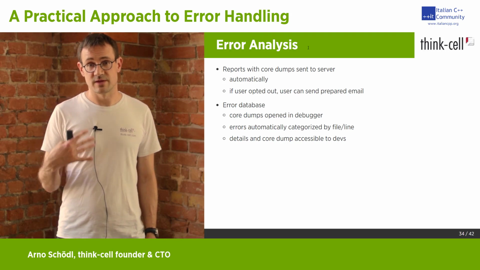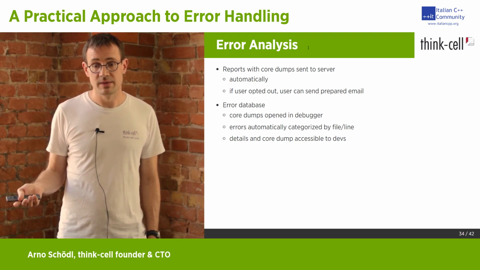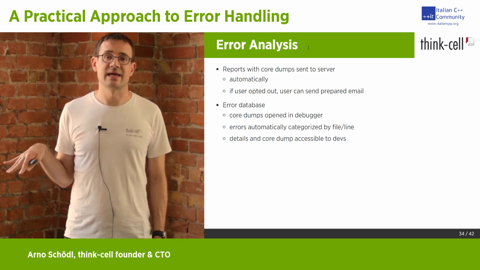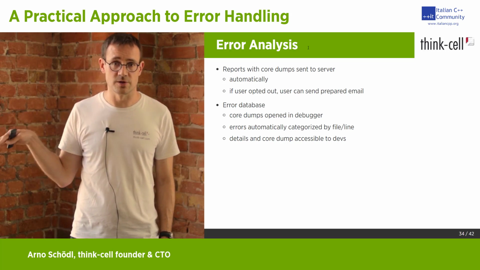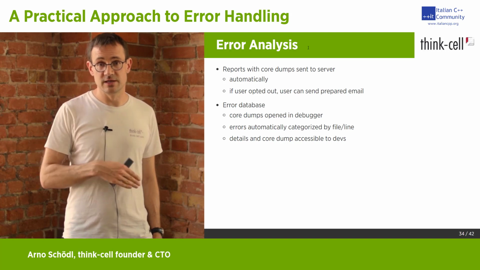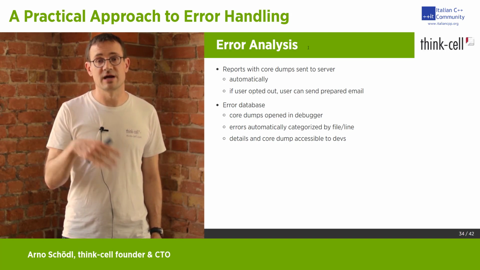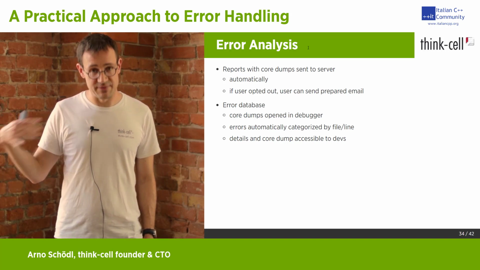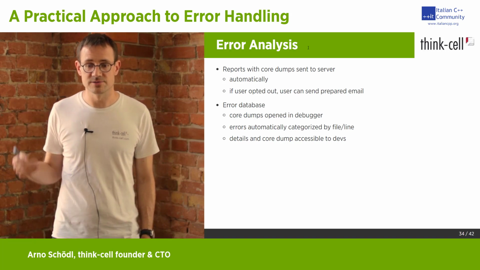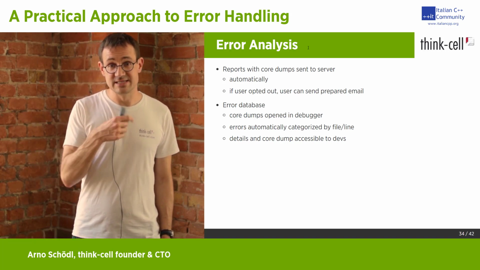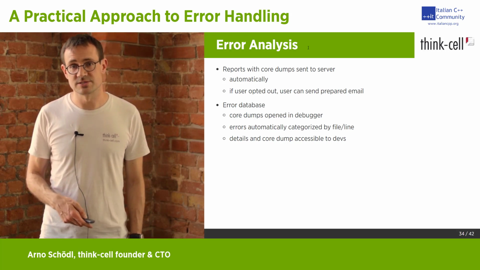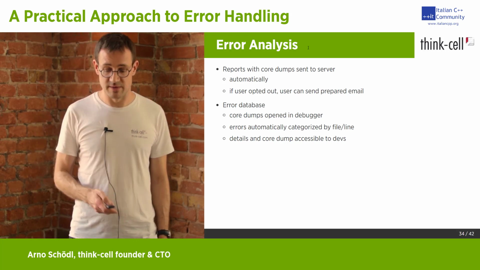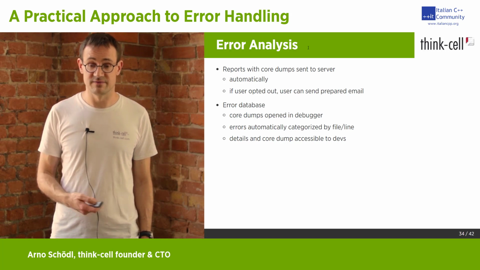The core dumps for that purpose are opened in a debugger, and then the error is automatically categorized. It's automatically looked at which line in which file it occurred, and it's put into the error database. So for each error, you have several occurrences at the user sites that you can browse. And these details for each occurrence of any specific error are then accessible to the developers, so they can take a look at the information and hopefully find a fix for the bug.